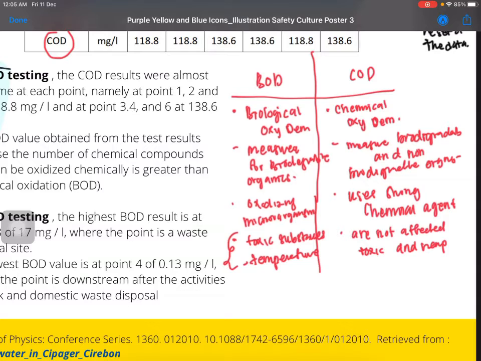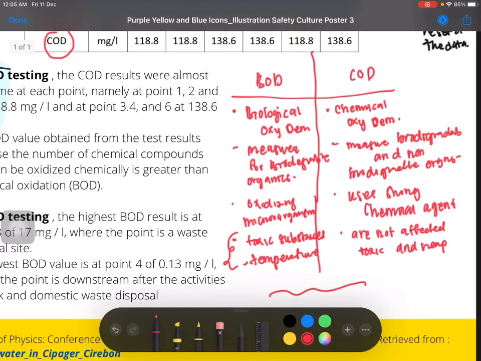Because if the river is contaminated by organic matter, the microorganisms in the water will act to oxidize the organic matter.